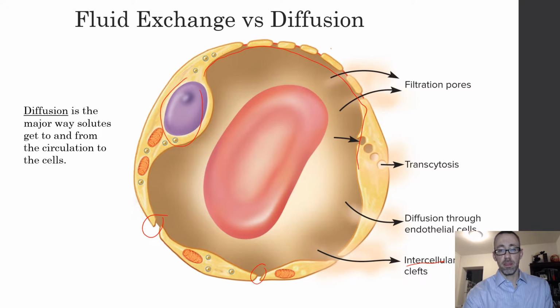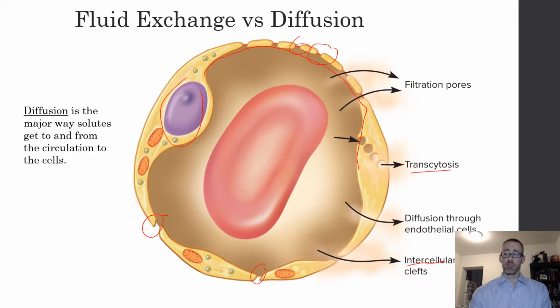These up here would represent the fenestrated pores or filtration pores, which is actually within the endothelial cell itself. Transcytosis is one of the processes by which we do exchange. We move it across the cytoplasm to the other end of the cell. We can have diffusion, again, down its concentration gradient, simple diffusion.